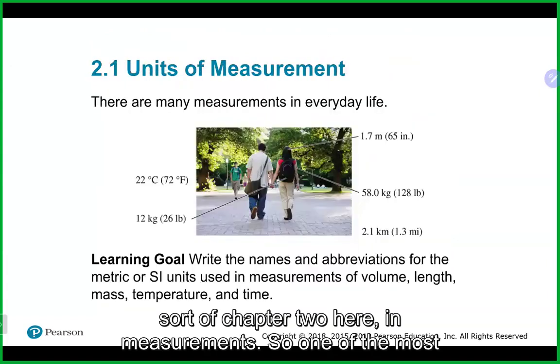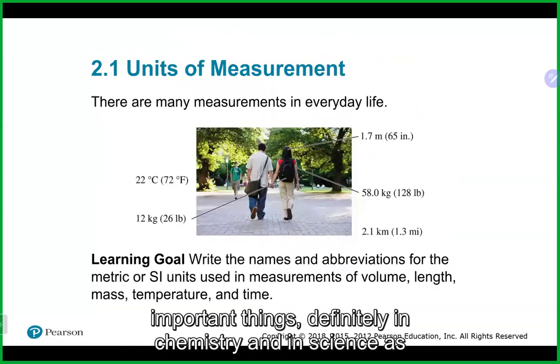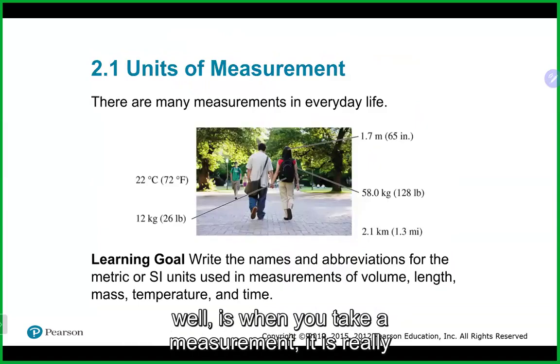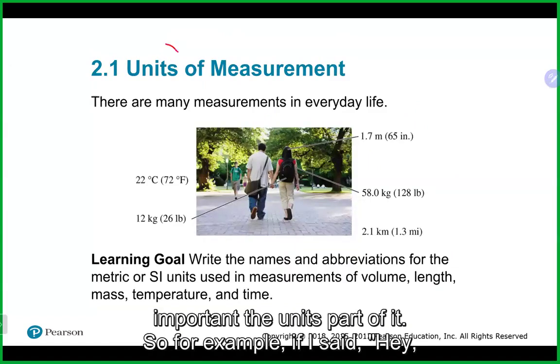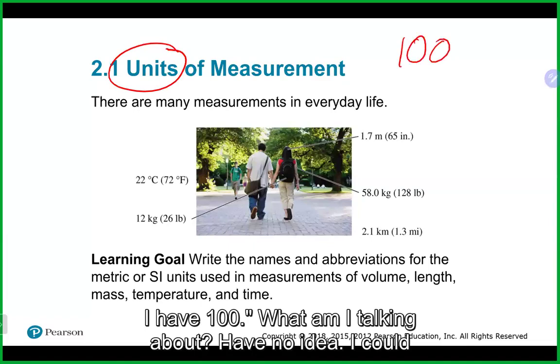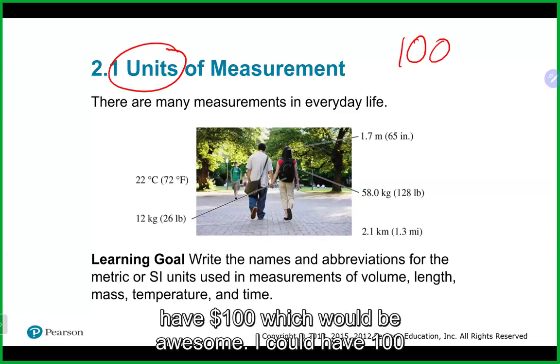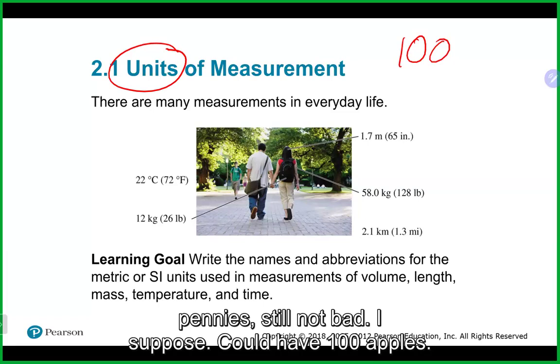So one of the most important things, definitely in chemistry and in science as well, is when you take a measurement, it is really important, the units part of it. So for example, if I said, hey, I have 100, what am I talking about? I have no idea. I could have $100, which would be awesome. I could have 100 pennies, still not bad, I suppose.